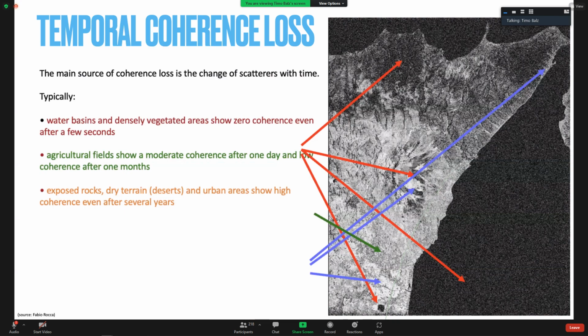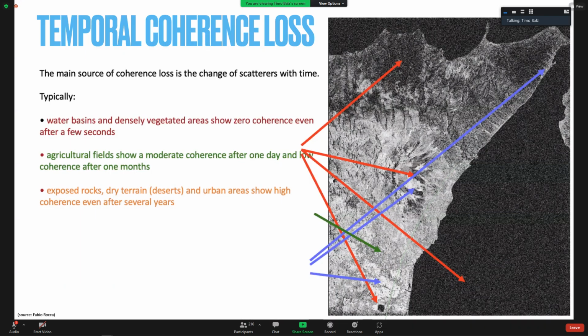When we talk about water, water is reflected away, so we can't really measure. But even if we can, we get zero coherence in the case of water after milliseconds. It changes very, very fast.